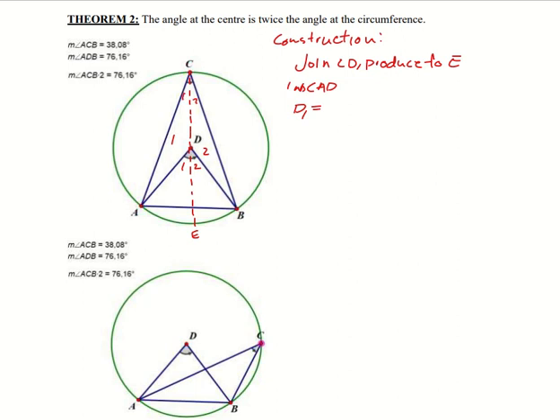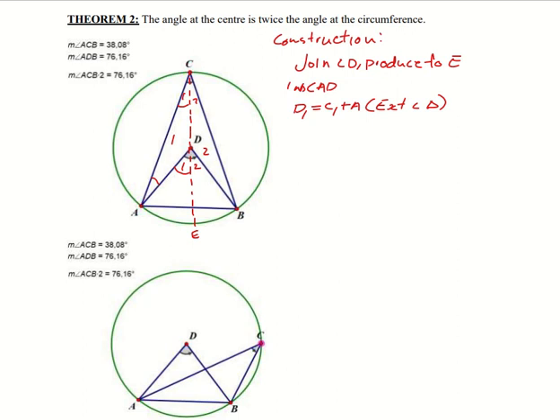D1 is equal to C1 plus A, because the exterior angle of a triangle is equal to the sum of the interior opposite angles.